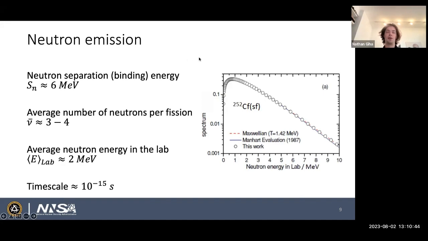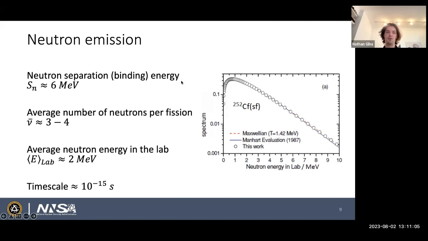Neutrons are generally the emission that take away most of the excitation energy. And that's not just because neutrons have a decent amount of kinetic energy themselves after they are emitted from the nucleus, but most significantly, the binding energy of the neutrons in the nucleus is what contributes.